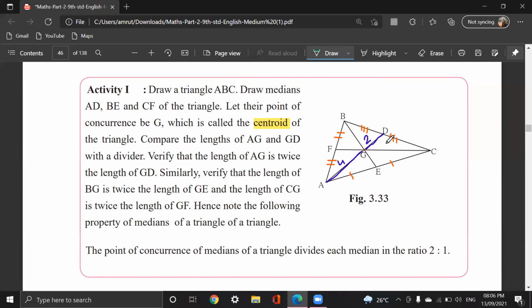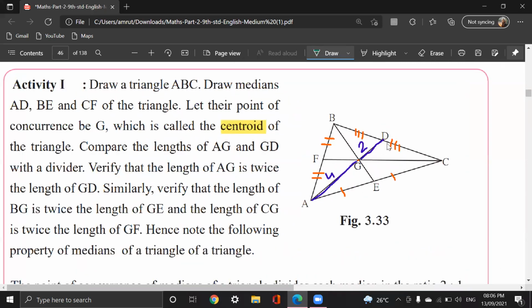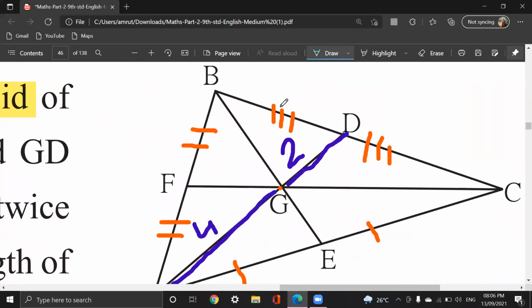Now you measure BG, and after that you measure GE.